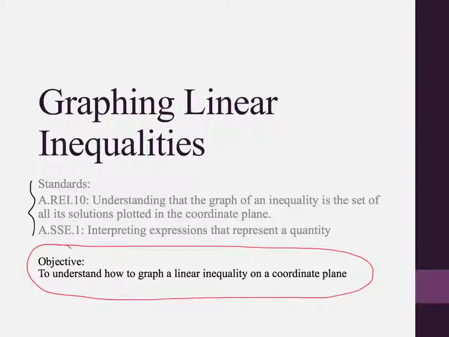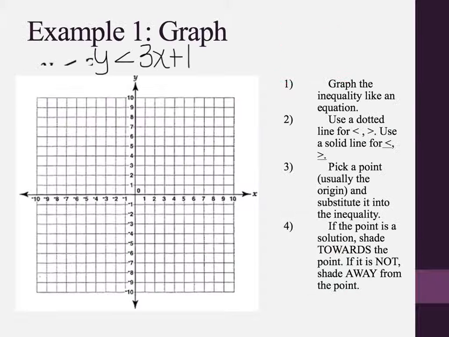So remember, we're dealing with inequalities, which are less than, greater than, less than or equal to, greater than or equal to. So here we have our first example, and this is something you're just going to follow along with on your guided notes. We're going to graph the inequality exactly as we would if it were an equation. So we graph our positive 1 because that's our intercept, and our slope is 3.